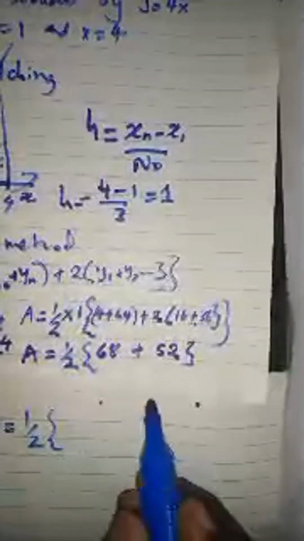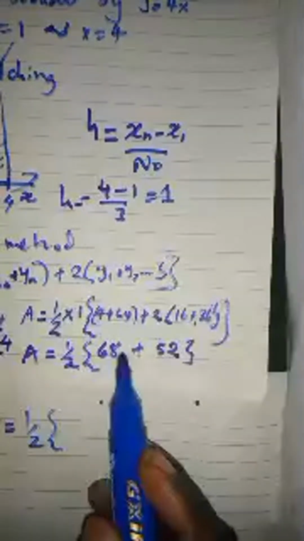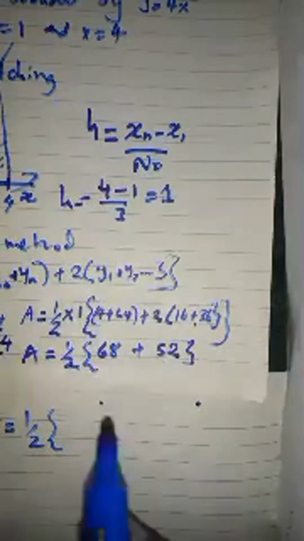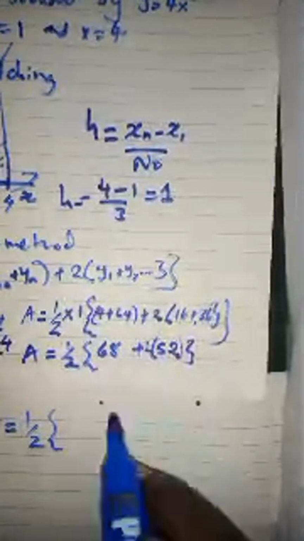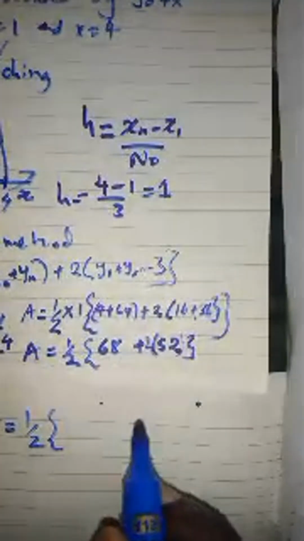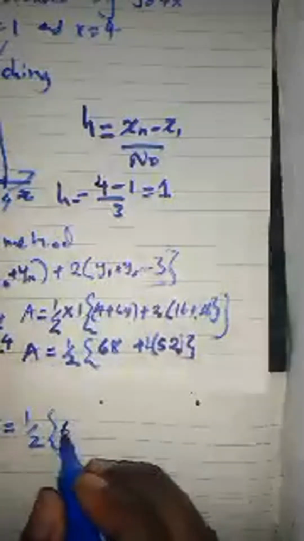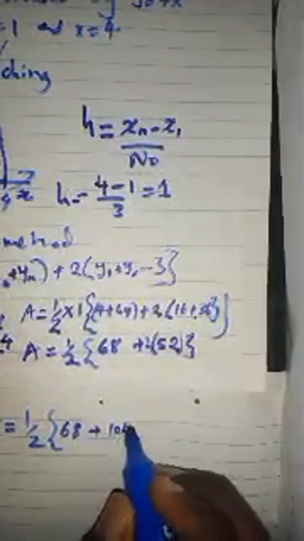So area is equal to a half in bracket 68 plus, remember this 52, I need to multiply it by 2, so that is 104.